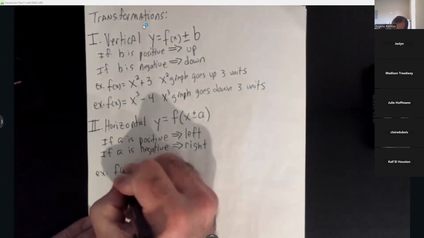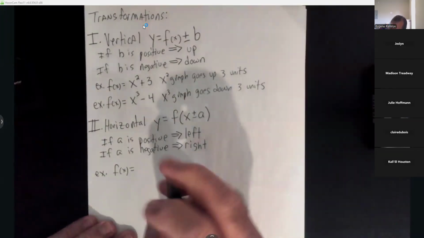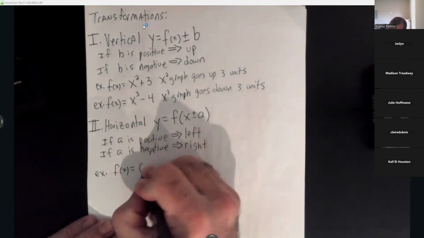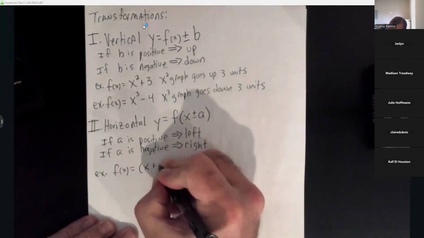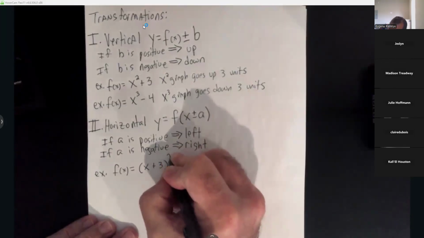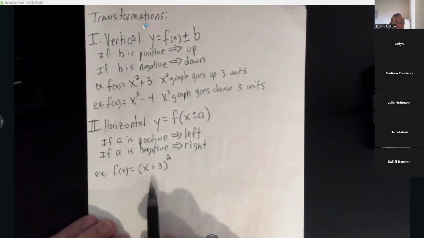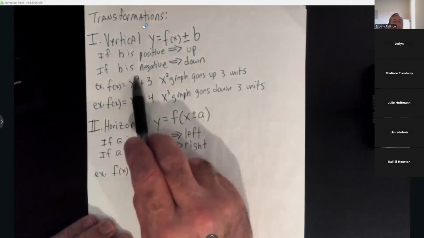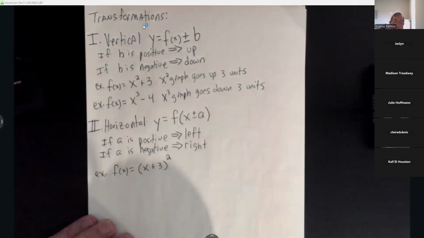So let me give you some examples of these. If I had f of x equals, let me play with the square again. But this time I'm going to do (x plus 3) squared. Notice the difference. I'm changing the x value before I square it. Here, I squared it first and then added to it, okay?